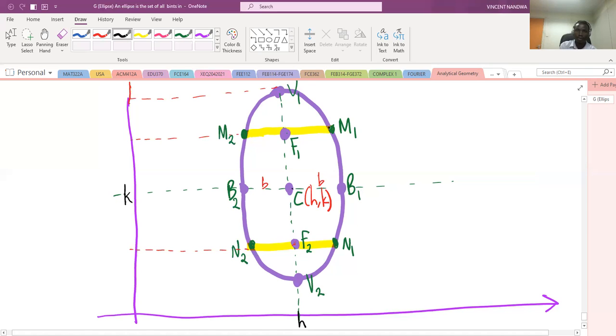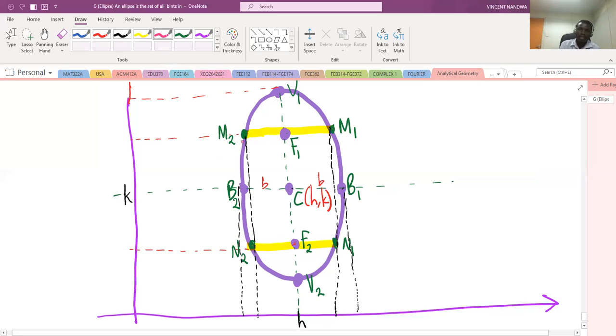And then also join M1, N1 to the x-axis, join M2, N2, and then join B1 and B2 to the x-axis. This is what we have.